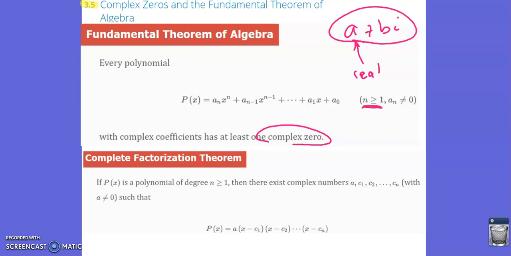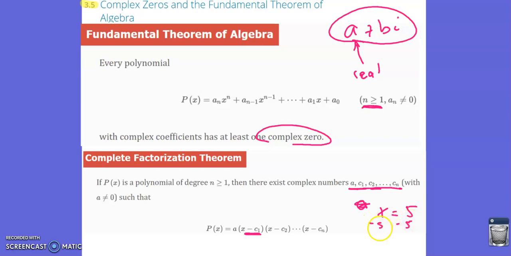And I do want to emphasize, if these are the numbers that we have, they're zeros, then this is literally the factors of them. So if we said x equals 5 is a 0, then x minus 5 is the factor. Even with complex numbers, you're subtracting.